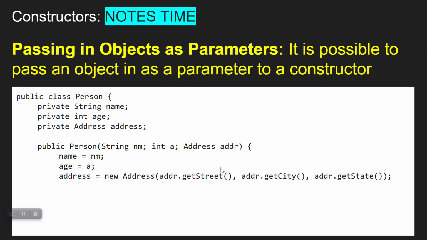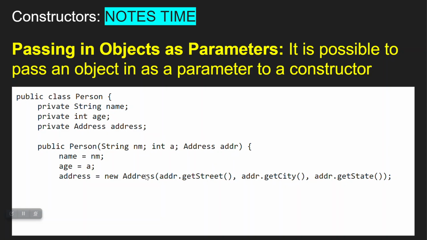But we're going to do it by calling the get methods for this address object that's being passed in. So in order to complete this, the object that you're seeing here, being instantiated as a part of this person object, you've got to call the get street, get city, and get state methods on whatever object was passed in.